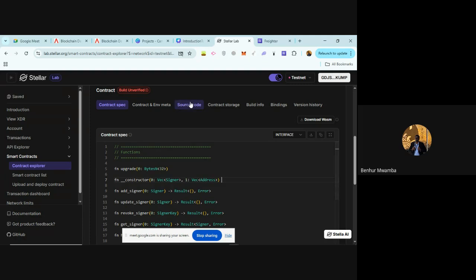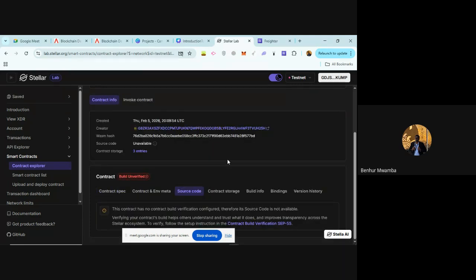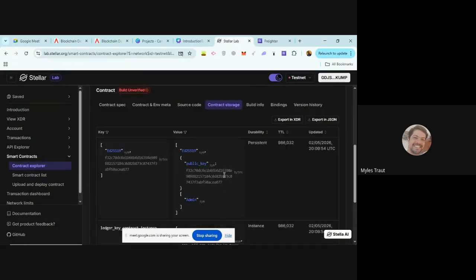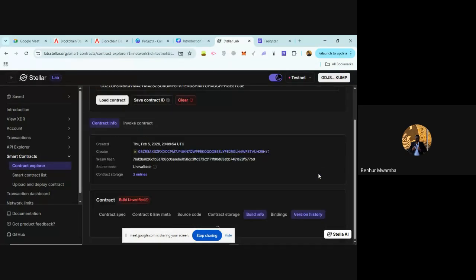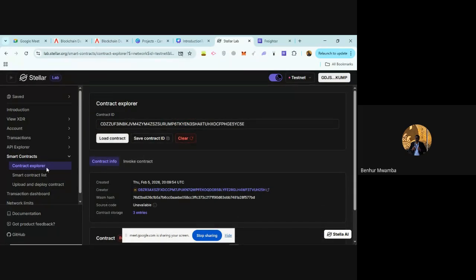But here you're not going to see the source code. Yeah, seems you have to verify it first. Okay, cool, that's awesome. It's nice to know you can do that. Contract storage, version history. So yeah, we're going to go through this at a later stage.